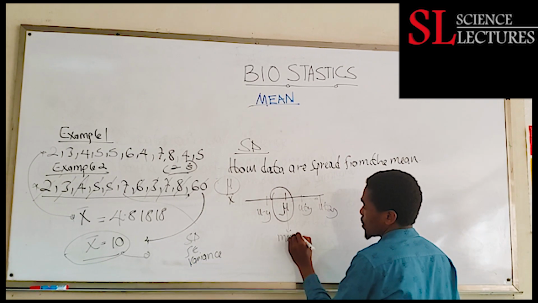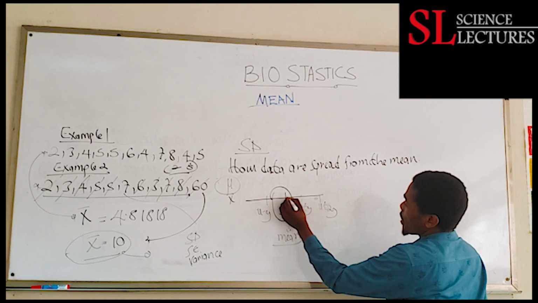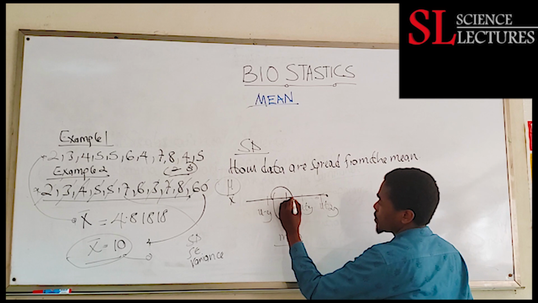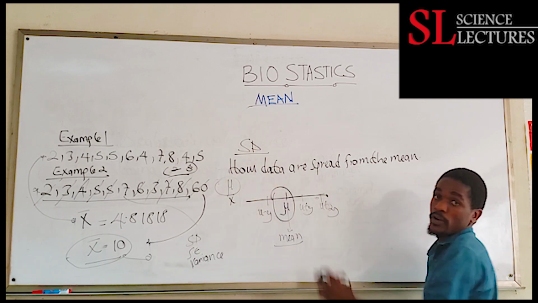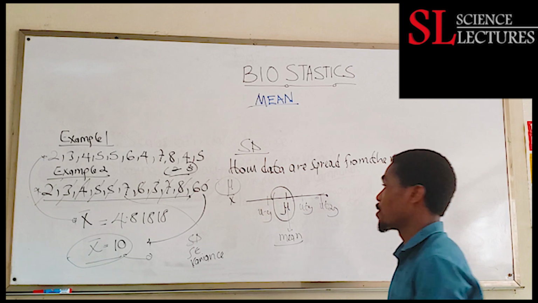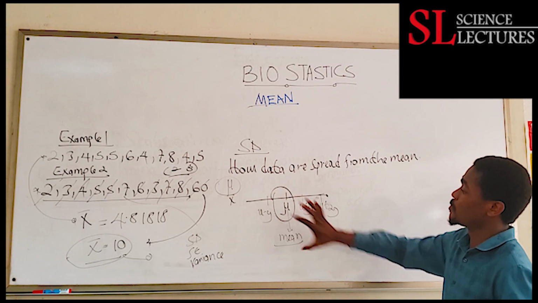Let's imagine this is our mean, mu. Now these are other data, this side and this side. So how the data are spread from the mean is what we refer to as standard deviation. So standard deviation is how your data are spread from the mean. The mean is mu in this case.